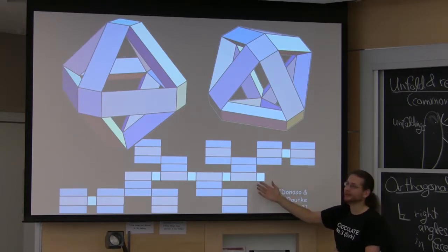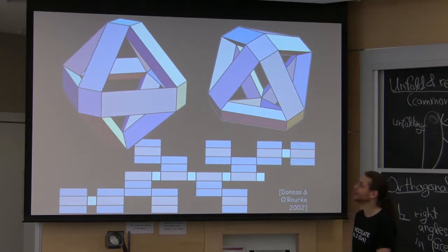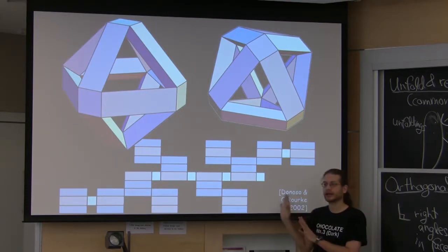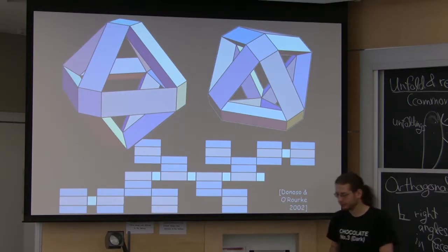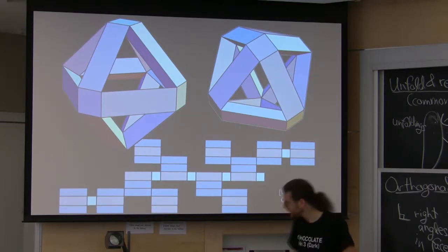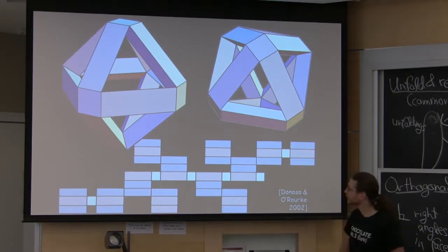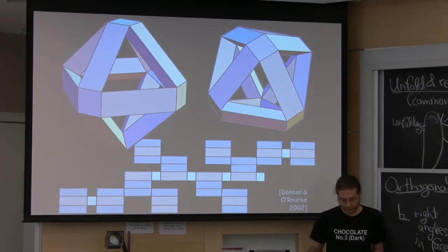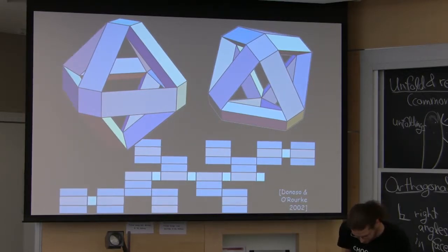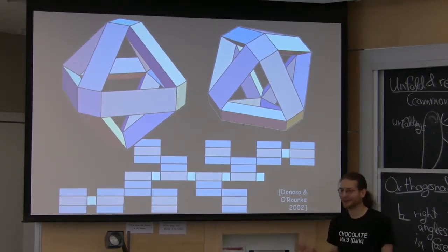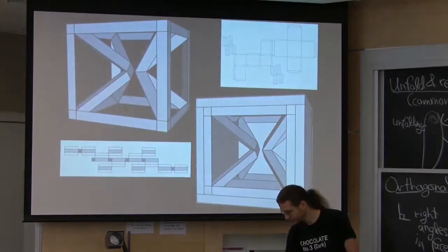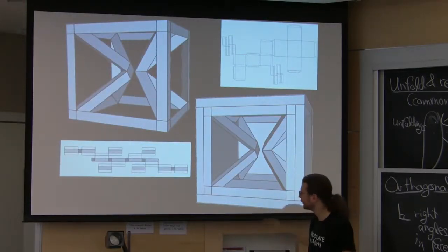All the angles are right. Looks perfect. And yet, it folds into this non-orthogonal thing, kind of a thick-end octahedron. It's kind of critical that it has genus more than 0. In this original paper that considers this problem, there's a lower bound of 1. That genus 0 is not enough. Then we came along, I don't have the author list here.